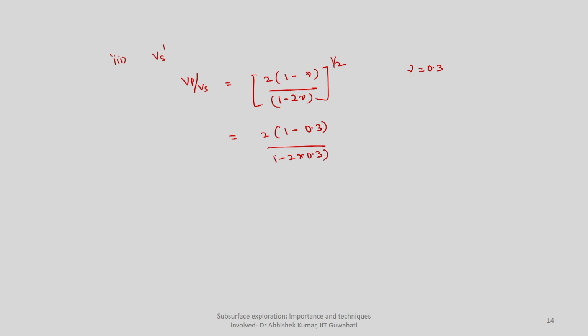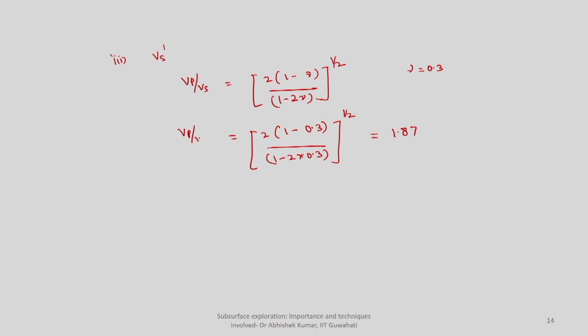The third part is determination of the Vs value. We know that Vp over Vs is given as 2 times (1 minus nu) over (1 minus 2 nu), raised to the power 1 by 2, with nu given as 0.3. So you determine 2 times (1 minus 0.3) divided by (1 minus 2 times 0.3), raised to the power half, which comes as 1.87.